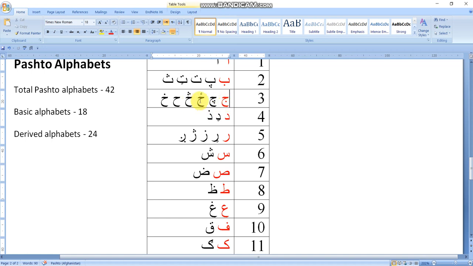These 5 are the derived alphabets of Jim, and similarly we can see that the numbers and the positions of the dots are converted.